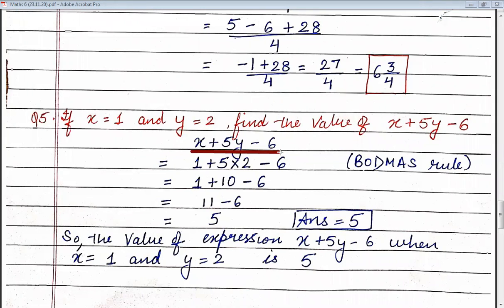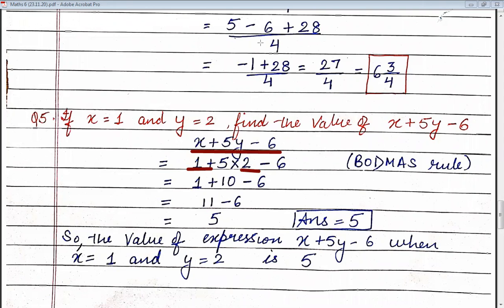x plus 5y minus 6. What is the value of x in the expression? 1. What is the value of y in the expression? 2. So let's substitute. 1 plus 5 multiplied by 2 minus 6.